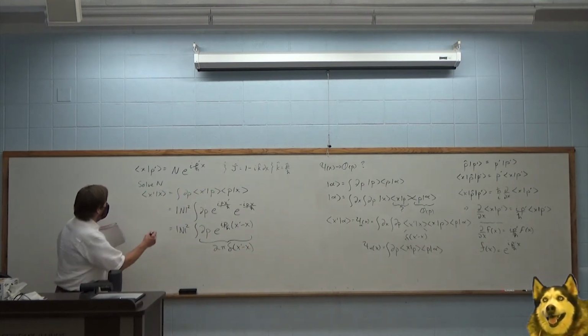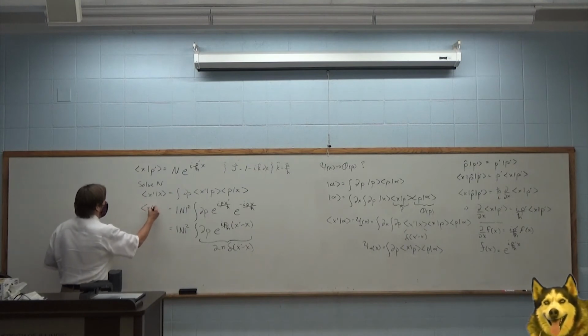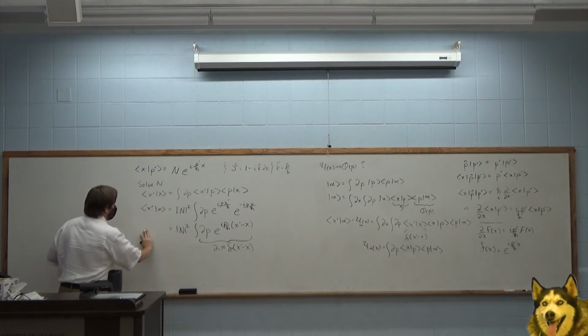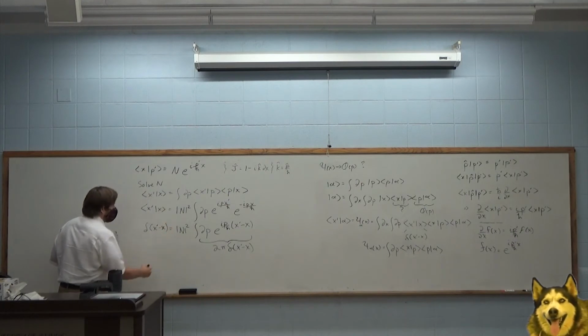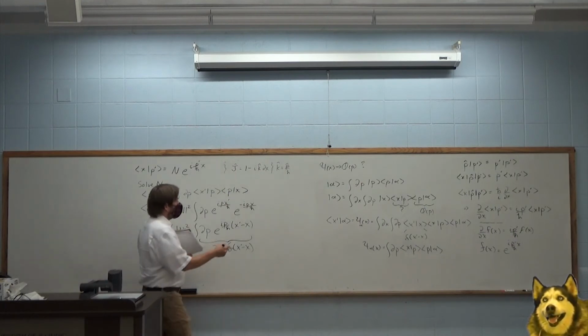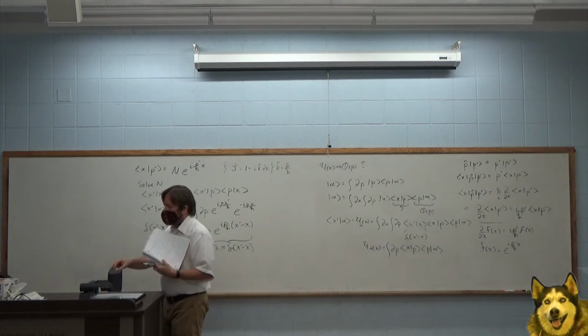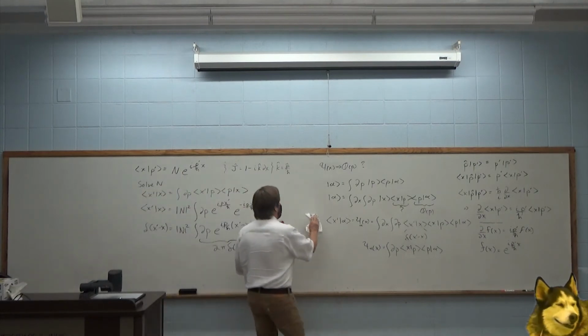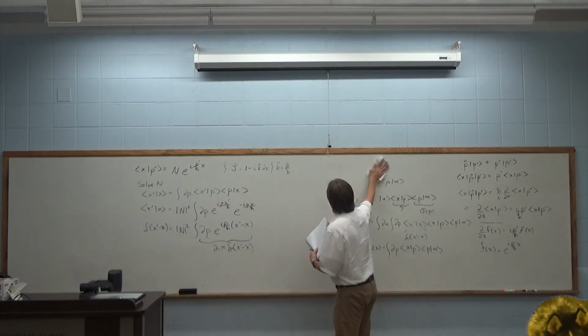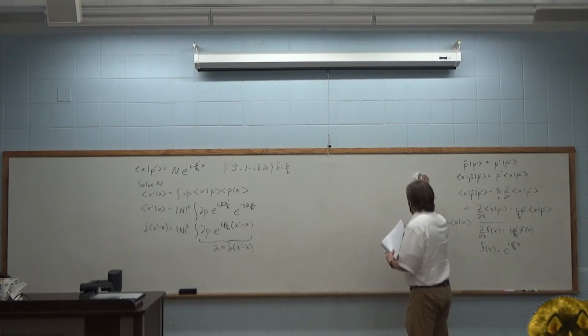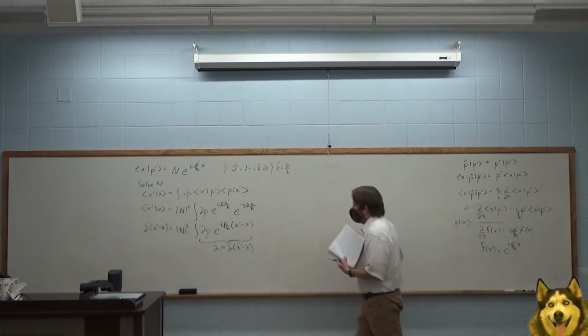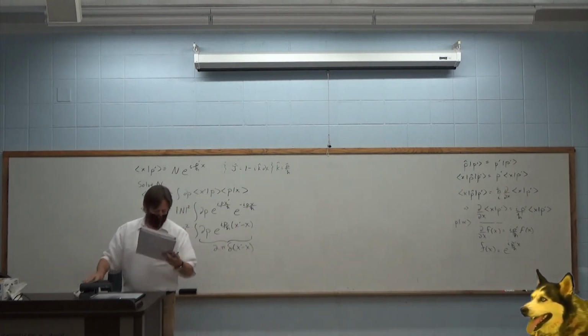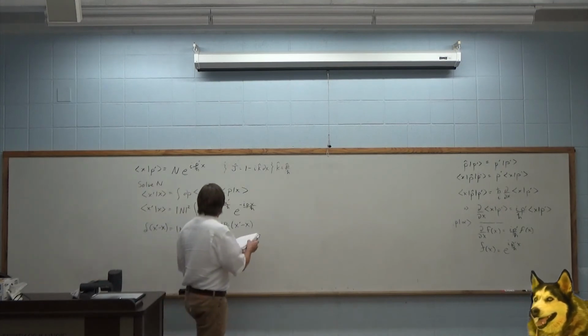Remember I was saying that this is a delta function. Obviously it's going to be 1 over the square root of 2 pi h bar.